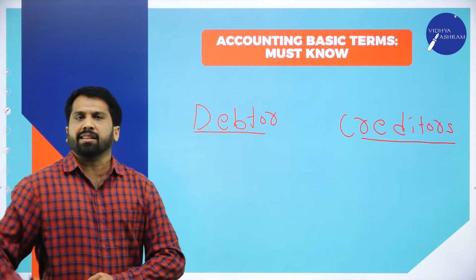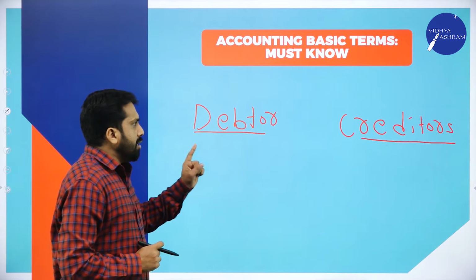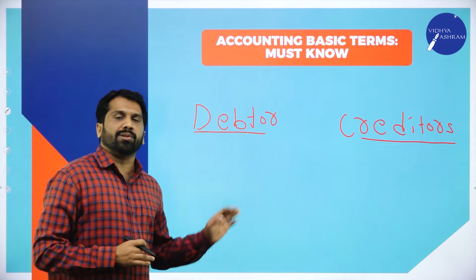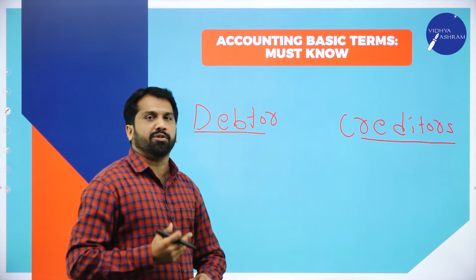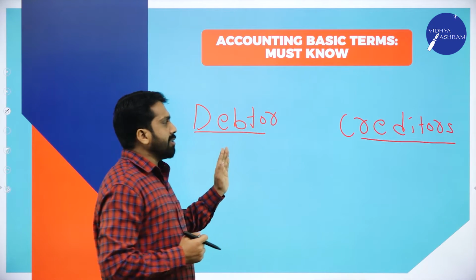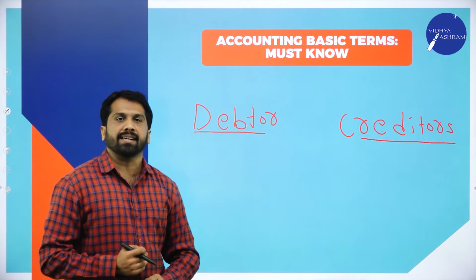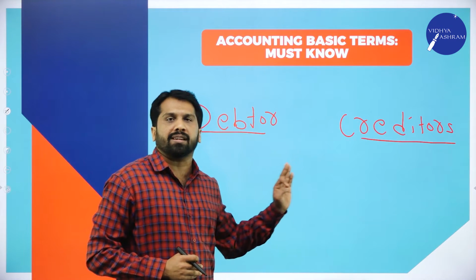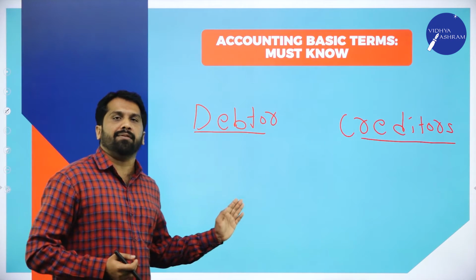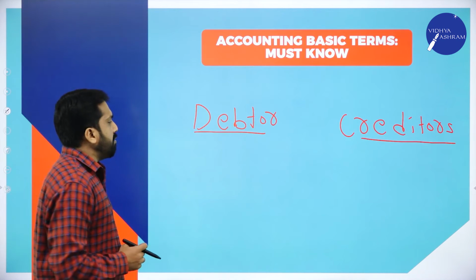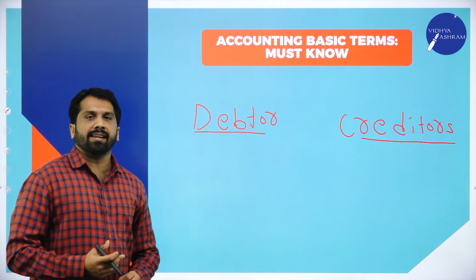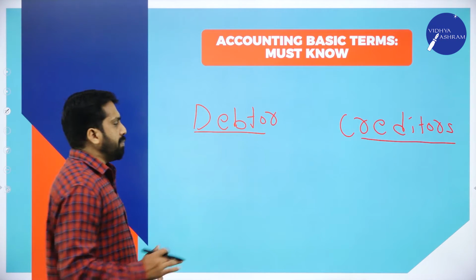In every calculation, every problem, you will find the words debtors and creditors. So don't be confused that debit and credit are the same, that is different. This is called debtors and creditors. Already I explained what are debtors and what are creditors. Again, with an example, we'll have this explanation. Now, who is called a debtor and who is called a creditor? I'll go with an example.